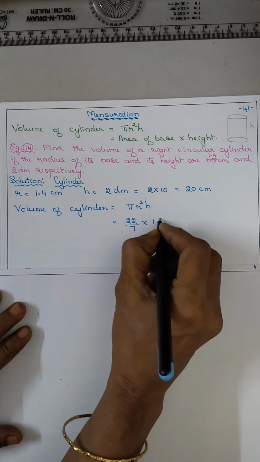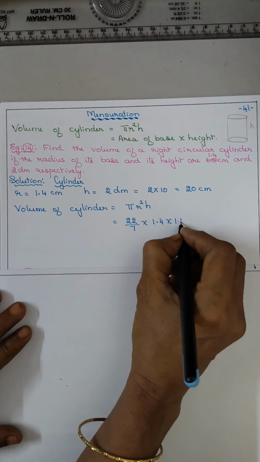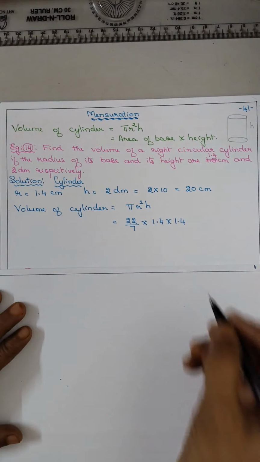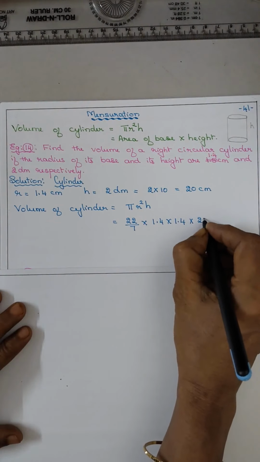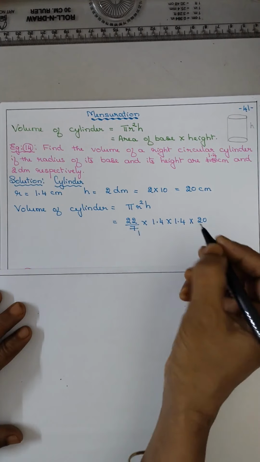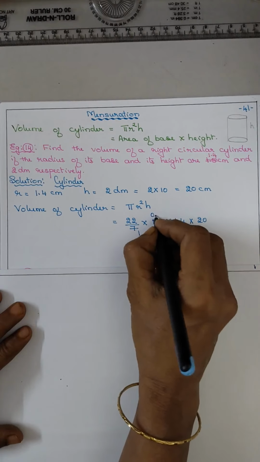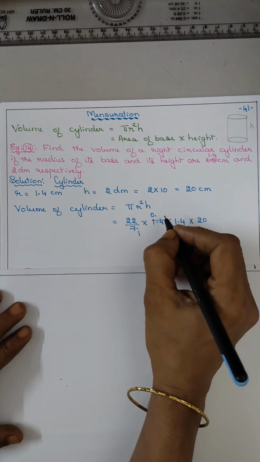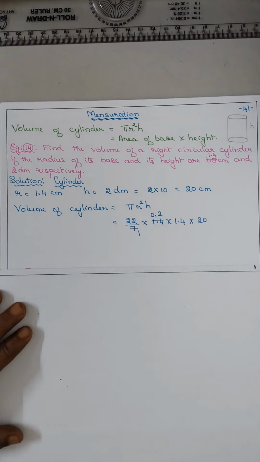R is 1.4, 2 times you have to write, pi r squared into h is 20. 7 ones are 7, 7 zeros are 0, decimal, 7 twos are 14. So in decimal you have to be a little bit careful, okay.